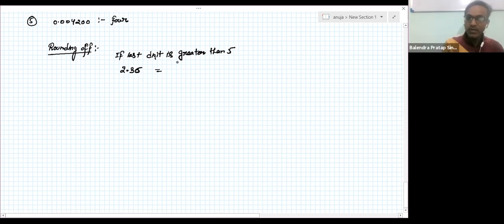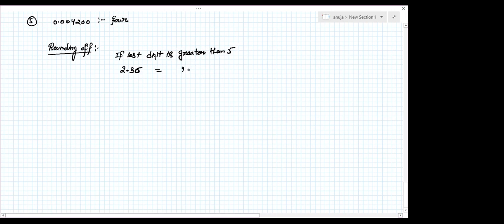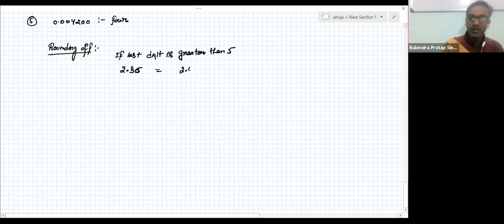So if the last digit is greater than 5, then the rule says you just have to increase the digit just before it by 1. In 2.36, 6 is greater than 5, so the answer is 2.4.